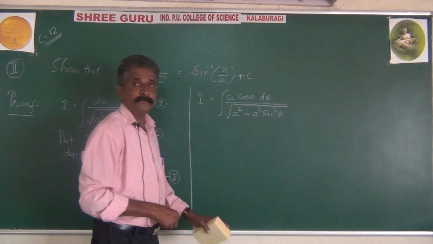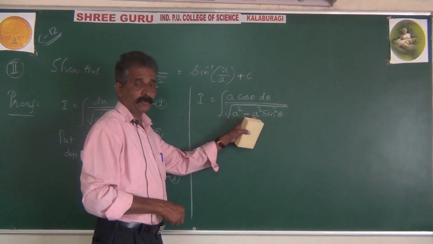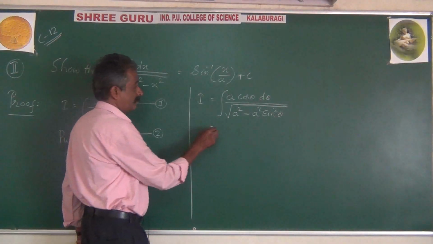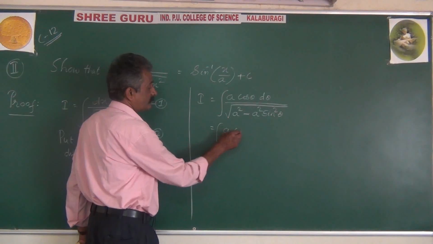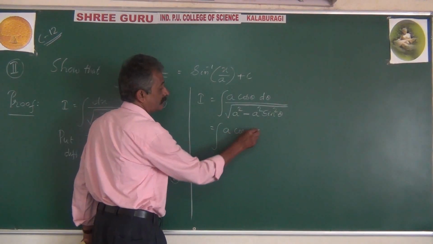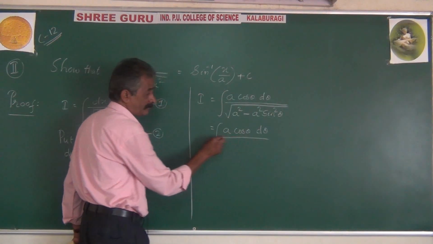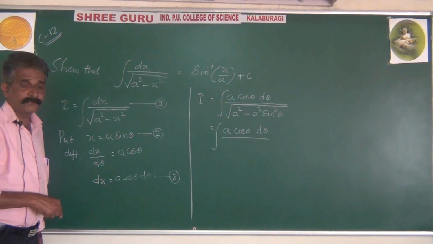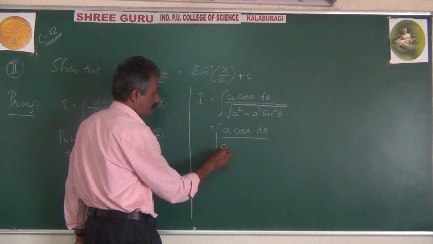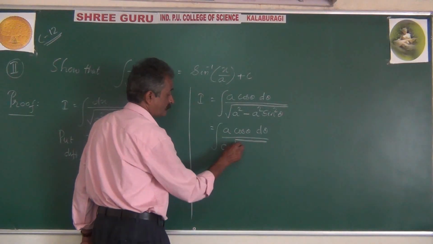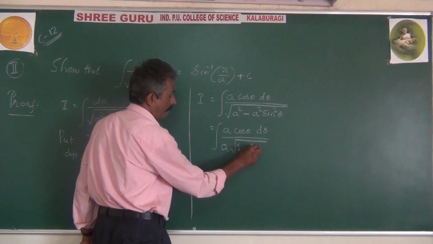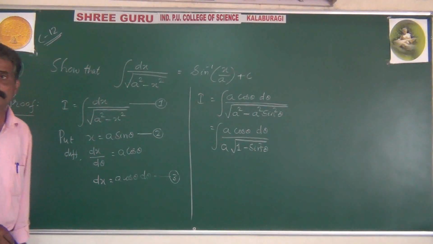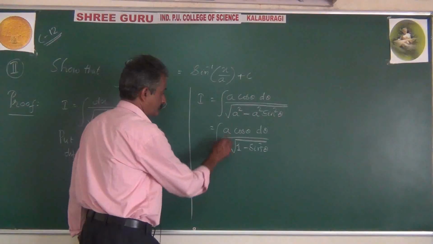Now in the denominator, a square is common, and outside the root it becomes a. That is integration of a cos theta d theta divided by a into root of 1 minus sin square theta. a will cancel out.